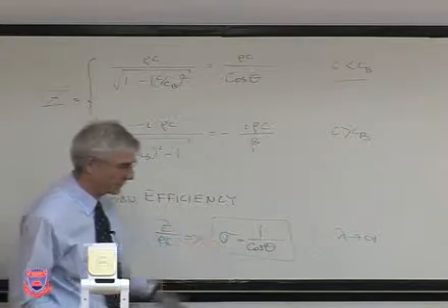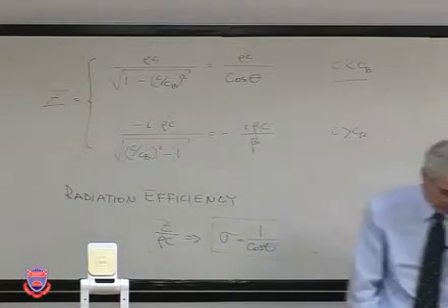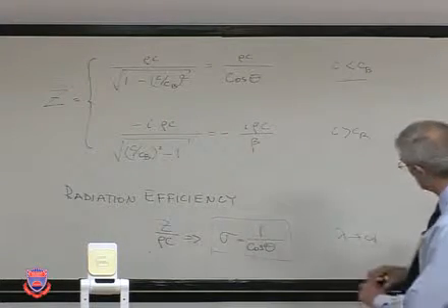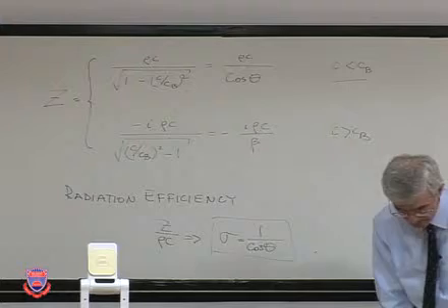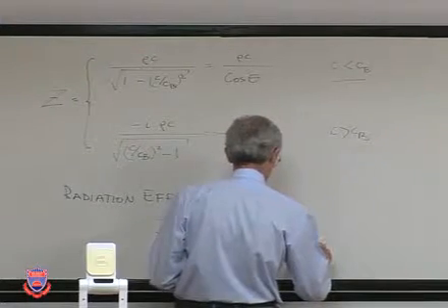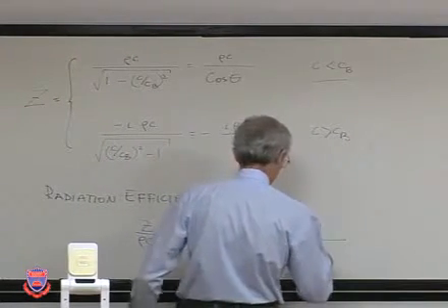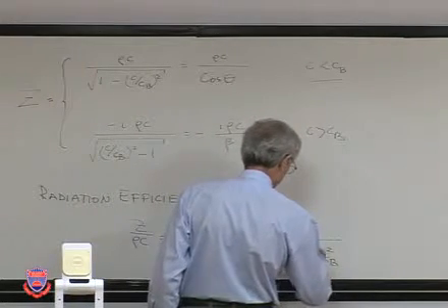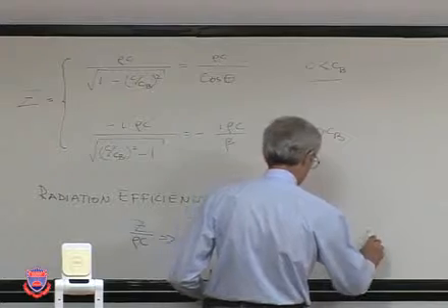And the radiation efficiency of bending waves is equal to 1 over cosine theta, and that actually is also expressed as the square root of the difference of k squared and kb squared.